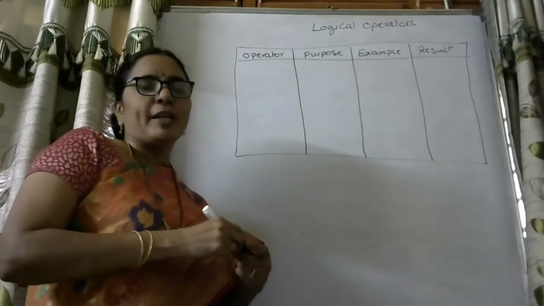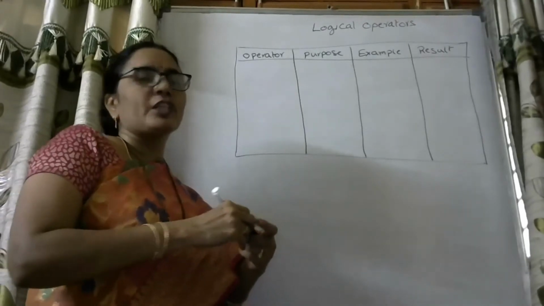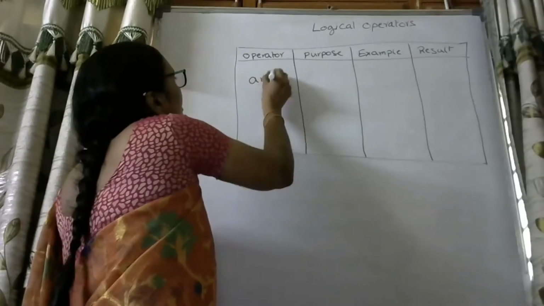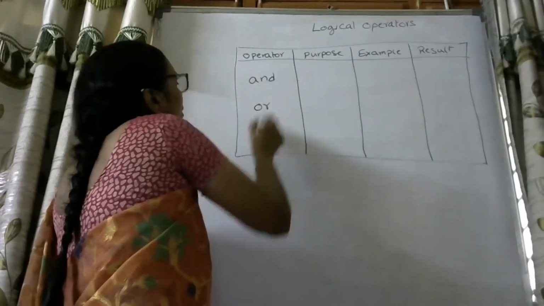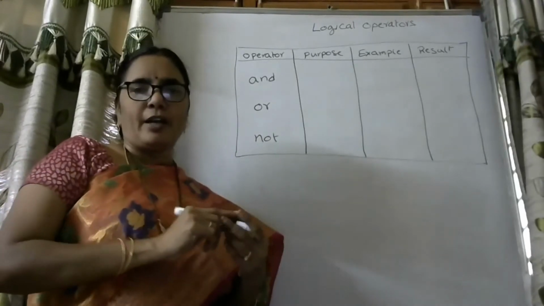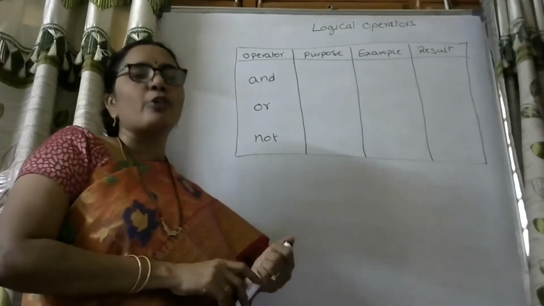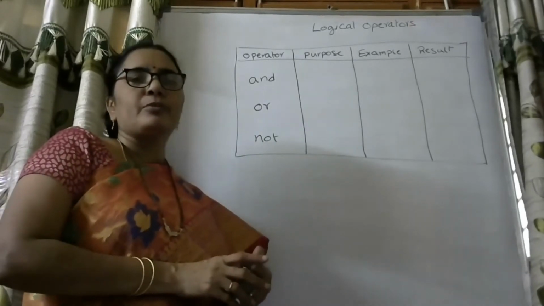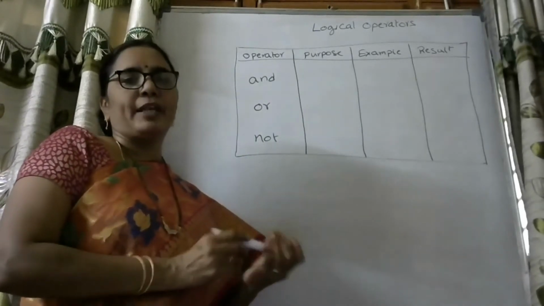Different logical operators which you can use in your Python expressions are AND, OR, NOT. We have to use the words AND, OR, NOT as the logical operators.